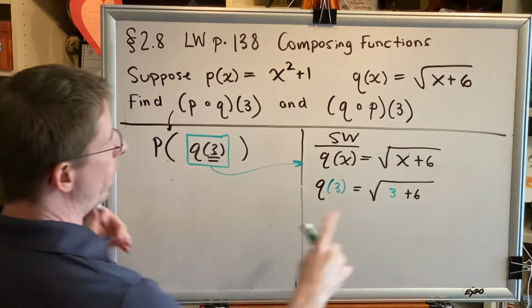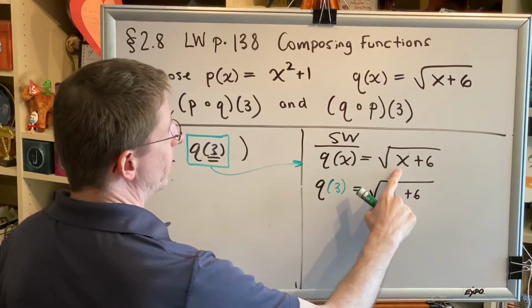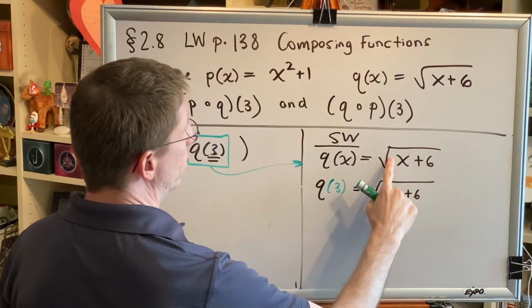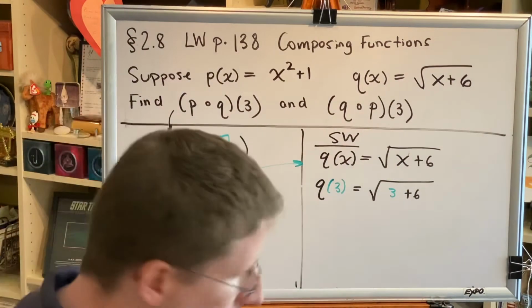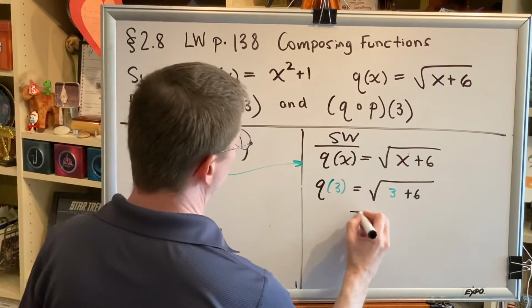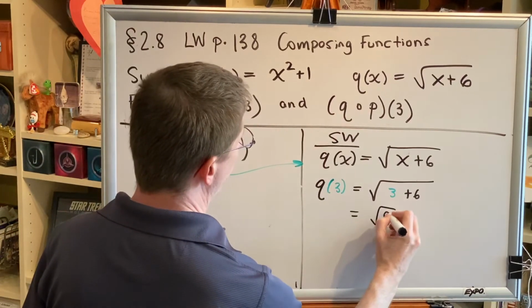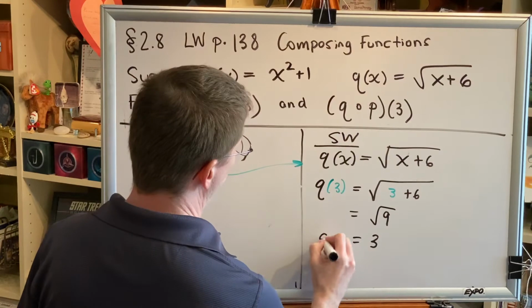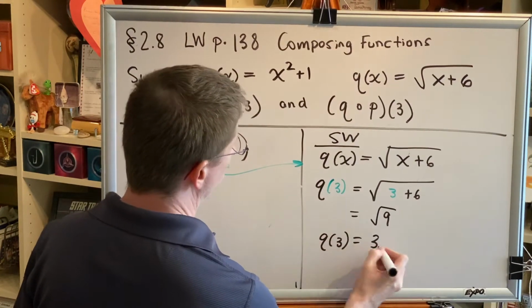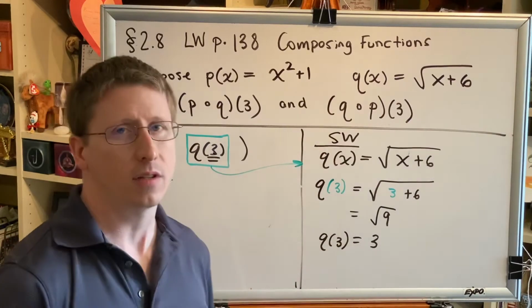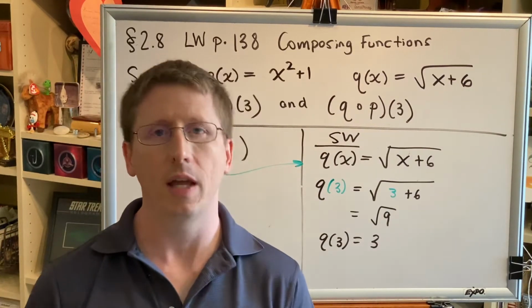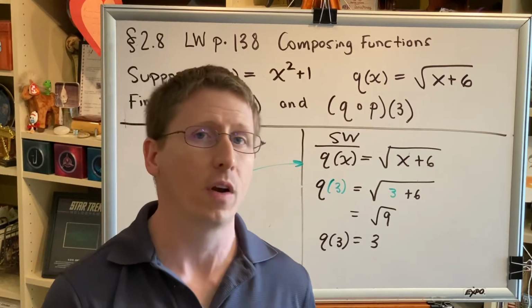Notice that I do not have any parentheses on this 3, because this x does not have an exponent, does not have a multiplier, and is not being subtracted. Now we simplify. 3 plus 6 is 9, and the square root of 9 is 3. So q of 3 equals 3. It's just a coincidence that these numbers are the same. Usually, when an input number goes into a function, a different number comes out.